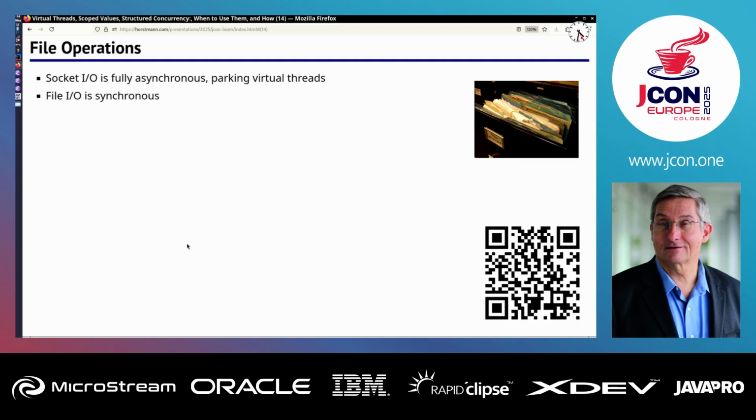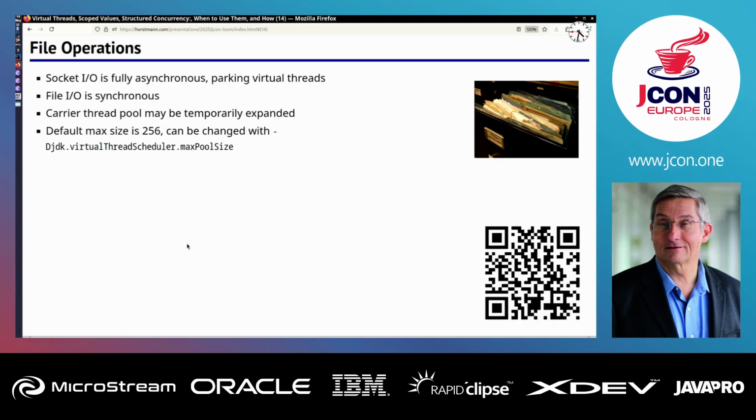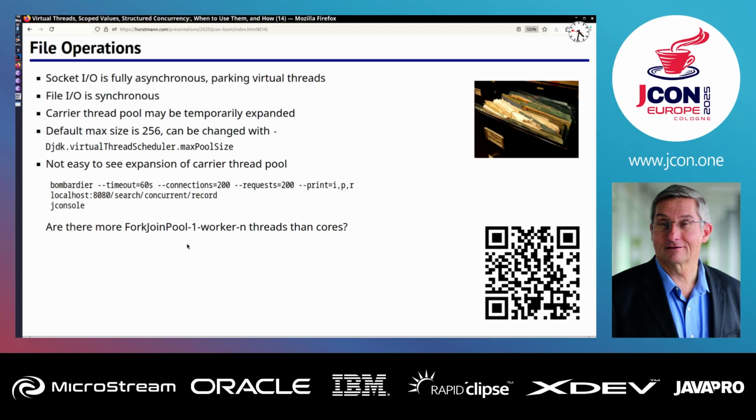But file I/O is not asynchronous in the Java platform. And so what they tell you in the docs is that if you do file I/O, it could happen that A, it's synchronous, so it does block, and B, to compensate for that, they might give you more carrier threads.